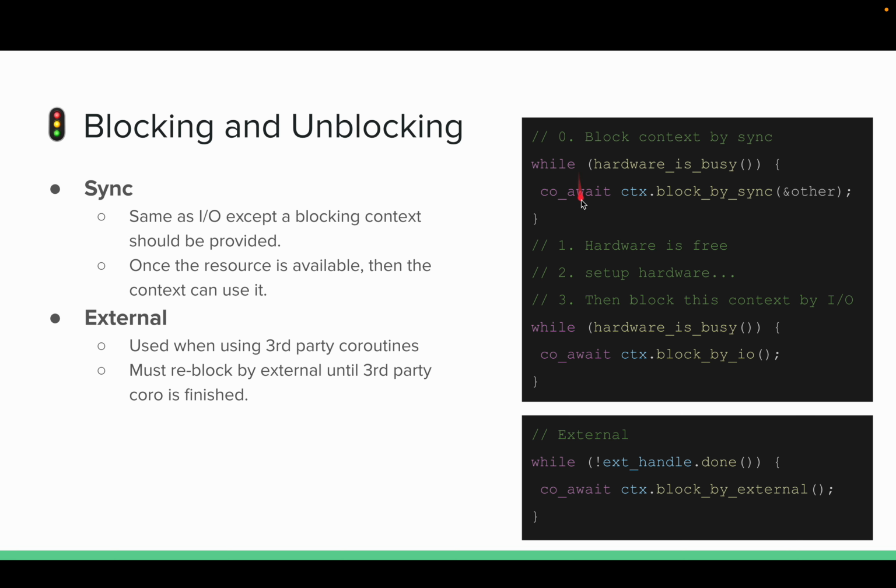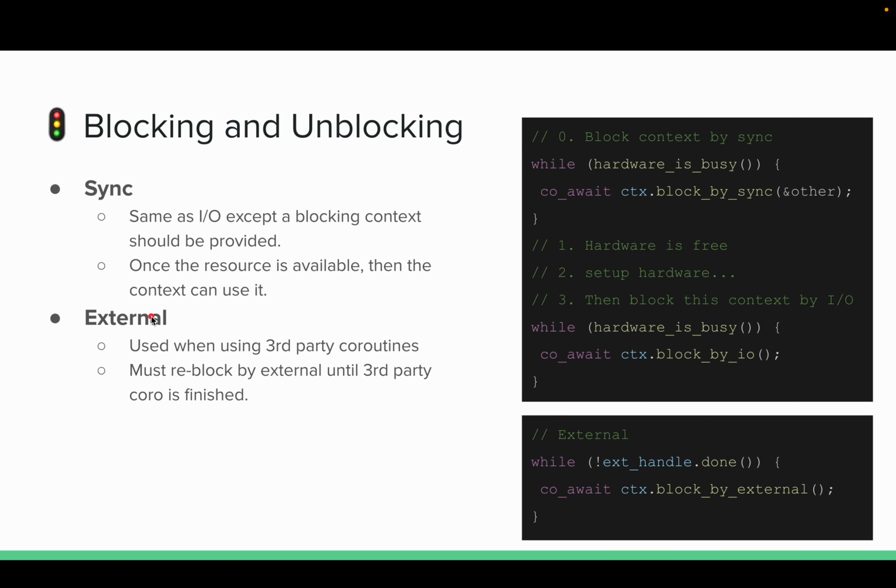Once it's no longer busy, you can now pass through and set up the hardware. Now, this context is blocked on I/O. And any other contexts that come to call that driver's API will then get stuck in this loop. And all of them will pretty much get stuck in this loop until eventually they're resumed and the hardware is no longer busy. If you're all on one thread, then this will just properly synchronize together. If you're not on one thread, you'll need to use a mutex, but that mutex will need to wrap the driver's APIs.